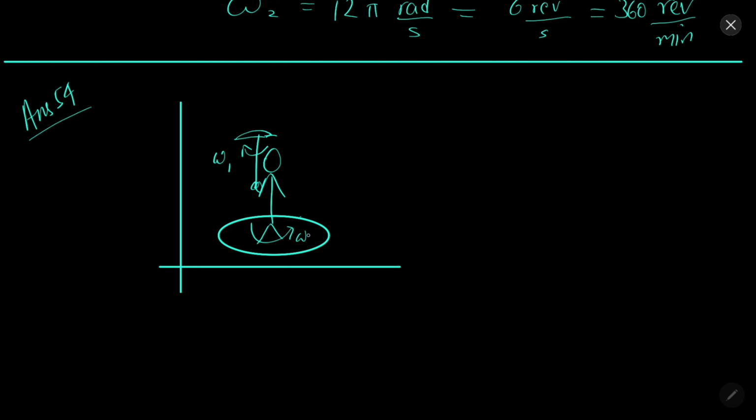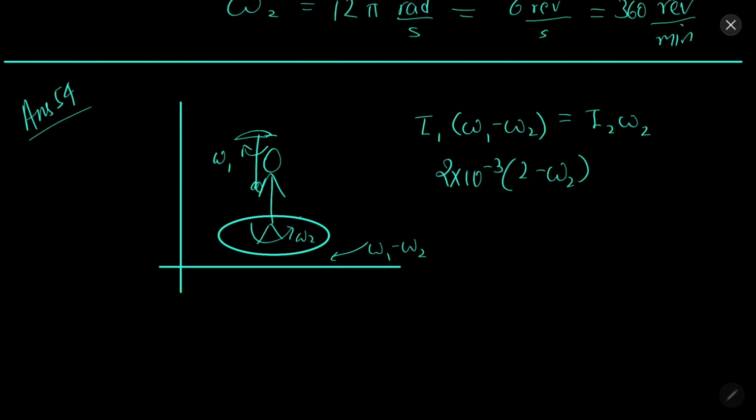So you need to find how much will be omega 2. So ultimately I1 into (omega 1 minus omega 2) relative to earth equal to I2 omega 2. So from this, 2 into 10 to the power minus 3 into (2 minus omega 2) equal to 3 into 10 to the power minus 3 into omega 2. Omega 2 will come out to be 0.8 radians per second.